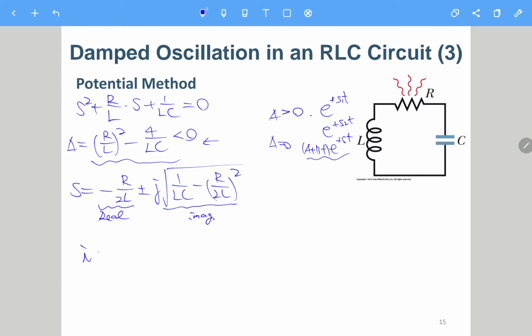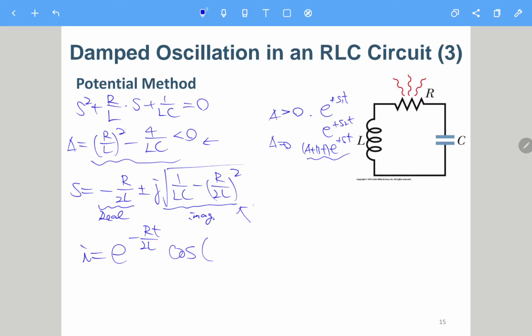So we have i equals exponential to the real part, which is negative R over 2L t, and then cosine of omega prime t plus phi.